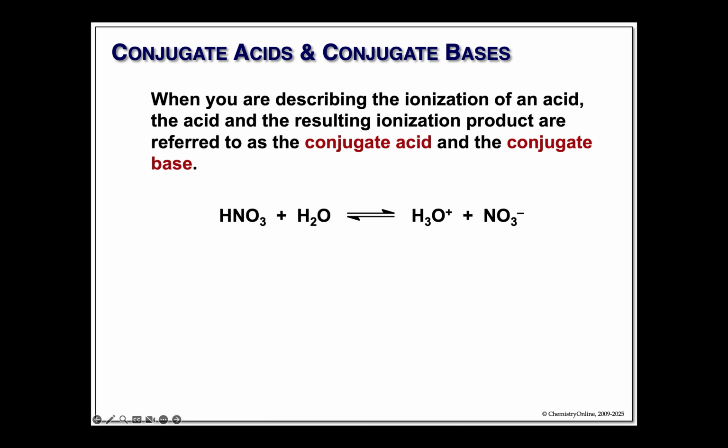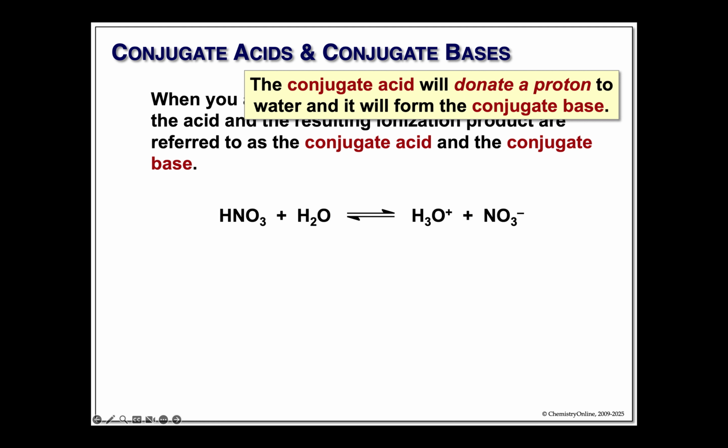But there's another type of nomenclature that we use that describes conjugate acid-base pairs, just slightly different. In a reaction, the conjugate acid is the acid. It will donate a proton to something, doesn't matter what, a Bronsted base.